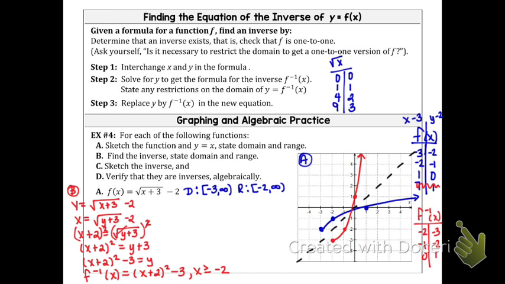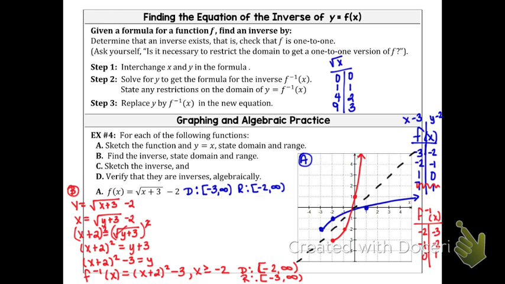And then it says state the domain and the range. Well, our domain is going to be that -2 to infinity. And our range is -3 to infinity. And we already knew that because remember, it's the opposite of the domain and the range of the original because x and y switch.